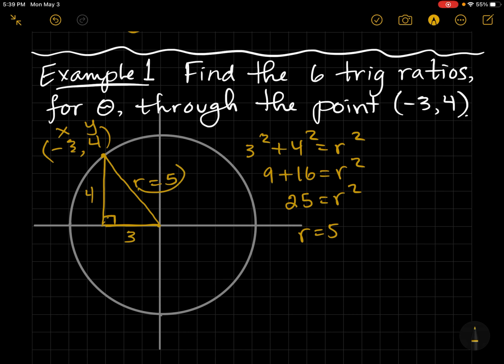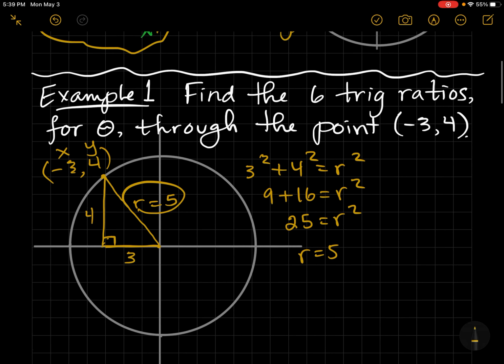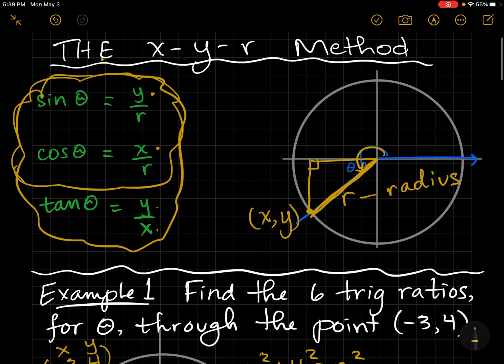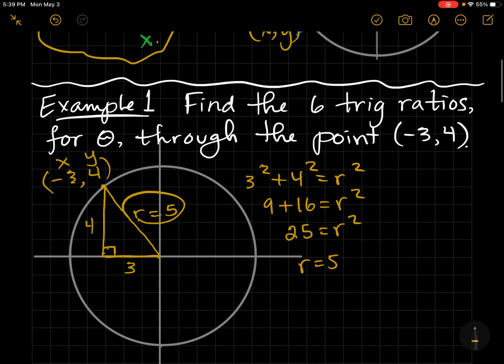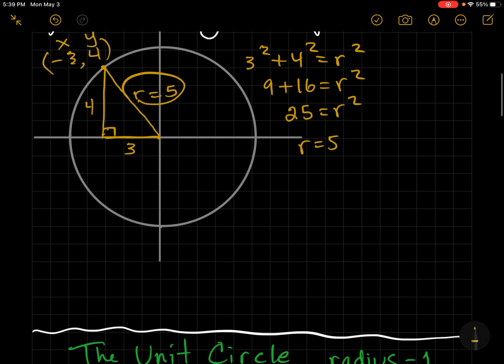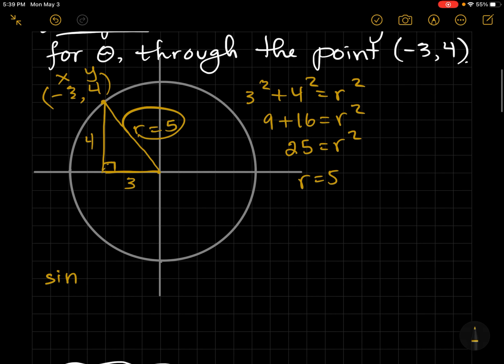At this point, we have an x, a y, and an r. Scrolling back up, we see sine is y over r, and hopefully we'll start to memorize those. So sine of theta is y over r, where y is 4 and r is 5, so that's the answer.